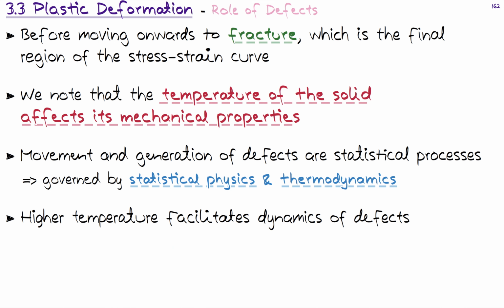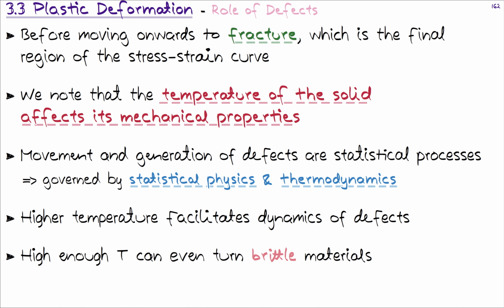An example of this kind of transition in the properties of a solid is that when we move to high enough temperatures, some brittle materials can turn into a ductile material. I recall brittle material was a material where we did not have a plastic regime. Glass is actually a family of materials, there are hundreds of glasses, and it's its own field of science.